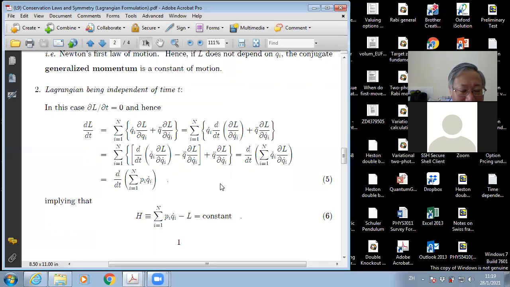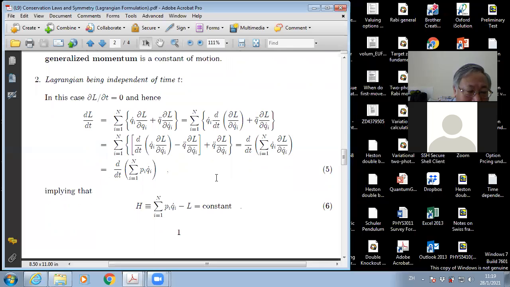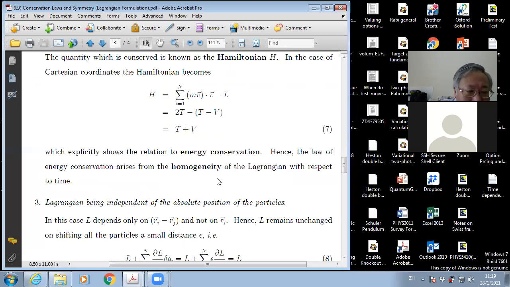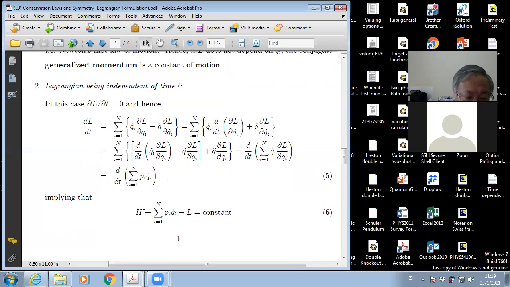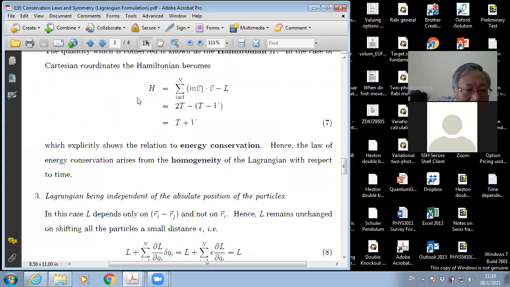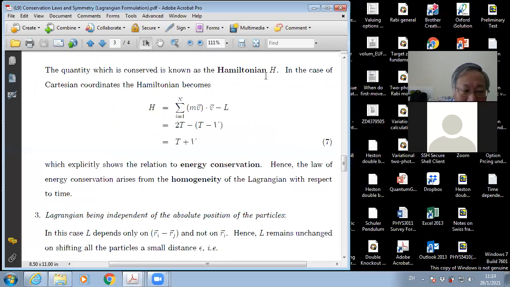In other words, it is a constant, all right? It is conserved. And this H is known as the Hamiltonian of the system, all right?